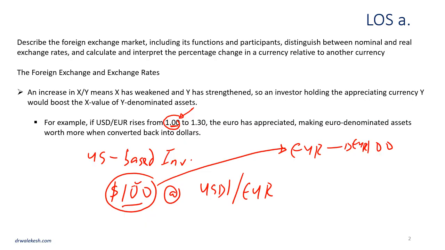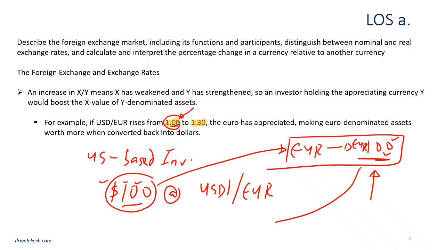Few months down the line, the exchange rate moved from 1 to 1.3, but fortunately for you, your asset is in euros. Since your home currency is US dollars, if you want to convert these 100 euros back to US dollars, what will you have in your home currency? So the new exchange rate is this.